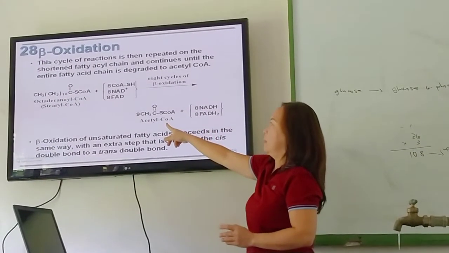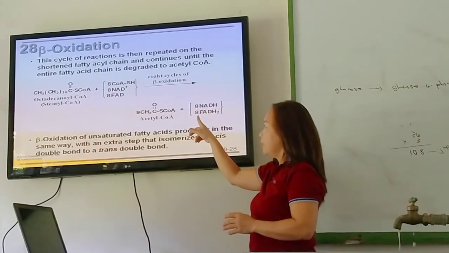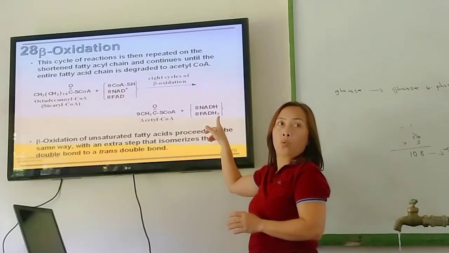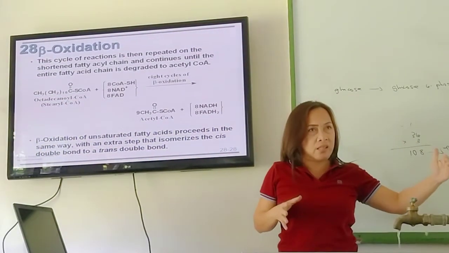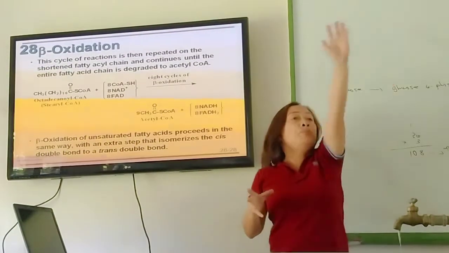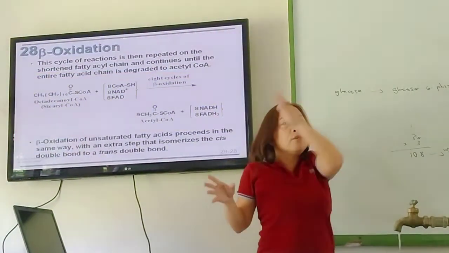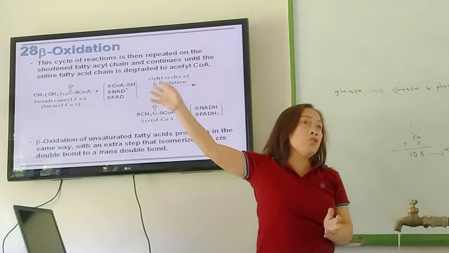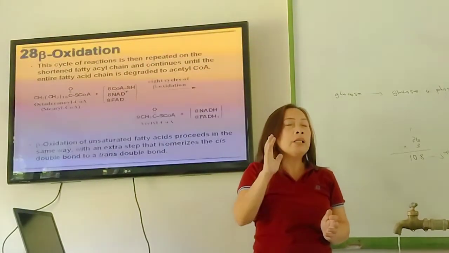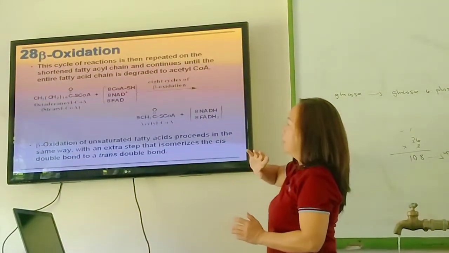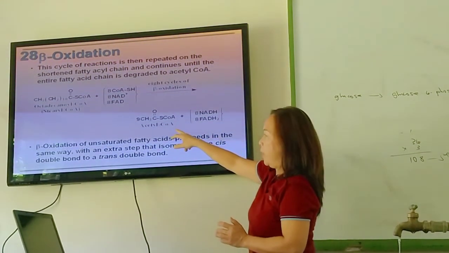The result is the production of acetyl-CoA. In the first cycle alone, it gives you 8 NADH and 8 FADH2. That is just the first cycle; it depends on how many chains of the fatty acid there are. It goes back for the second chain, then third, fourth, until the last chain of the fatty acid is all converted into acetyl-CoA.